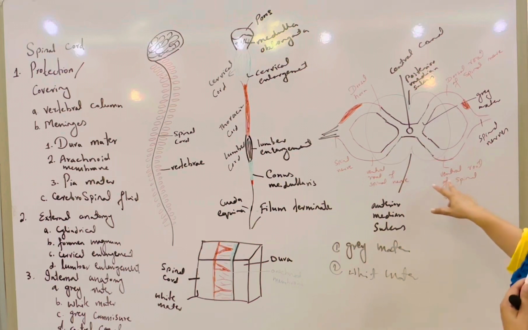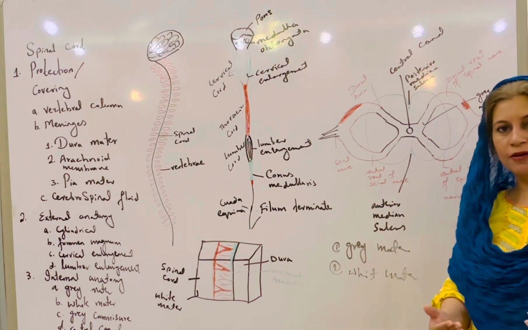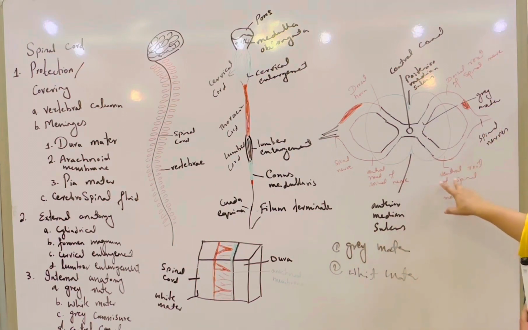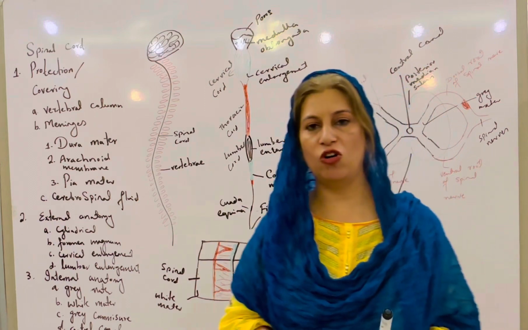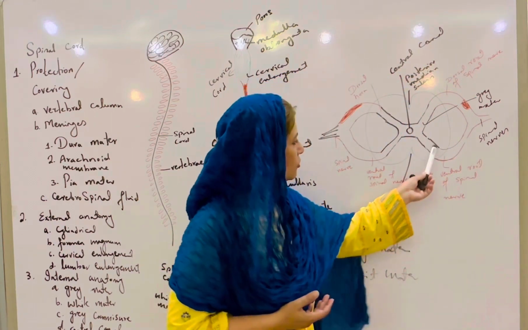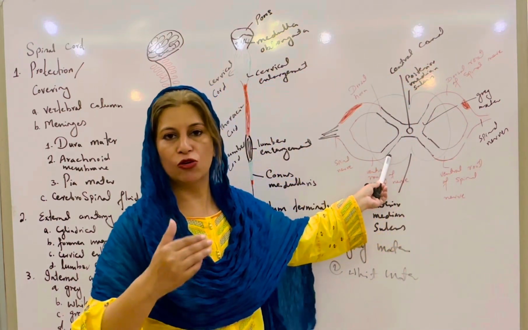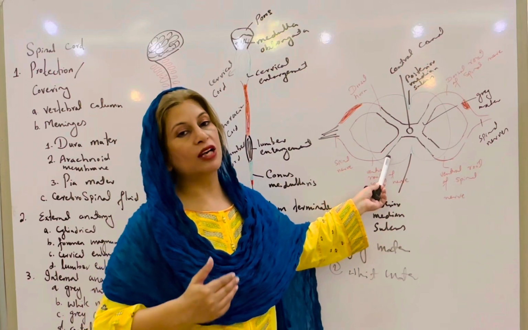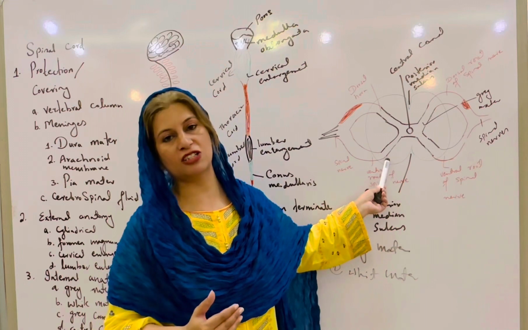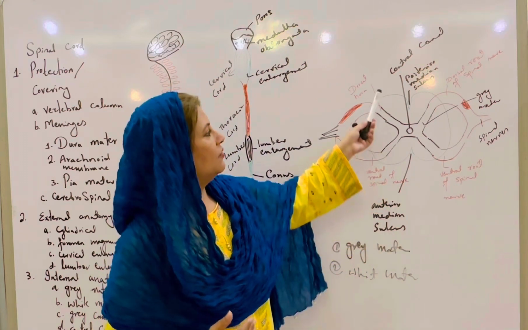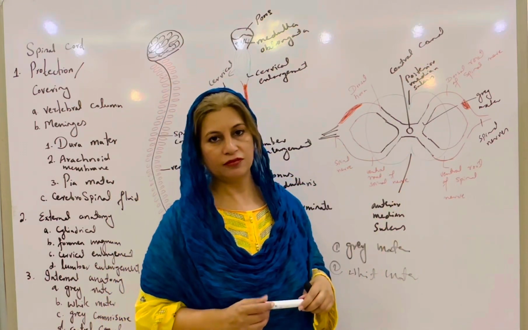And now you can see that on the anterior portion of the spinal cord, there are two horn-like structures which are considered the ventral horns. These two are ventral horns which are present on the anterior side, and these are the dorsal horns.